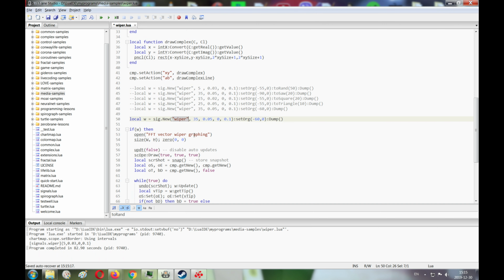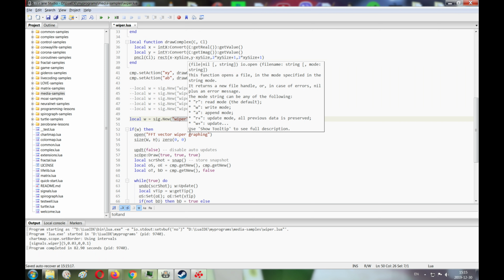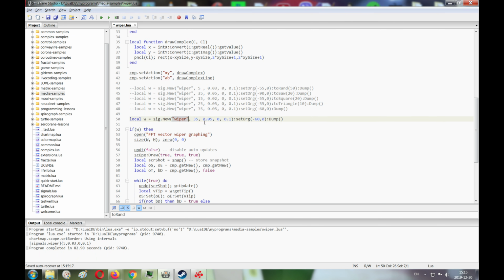Every wiper has a bunch of harmonics inside it, so you can add a bunch of sine waves or cosine waves to a wiper, and inside the instance they're represented as radius vectors with amplitudes, initial phases and circular frequencies.